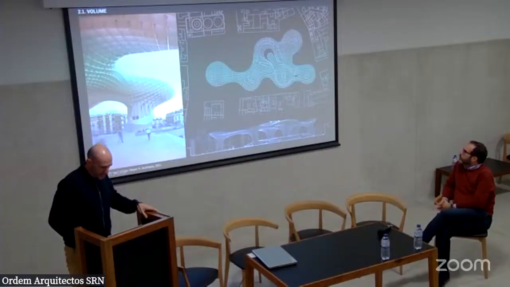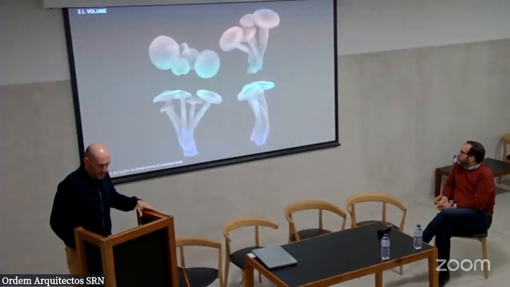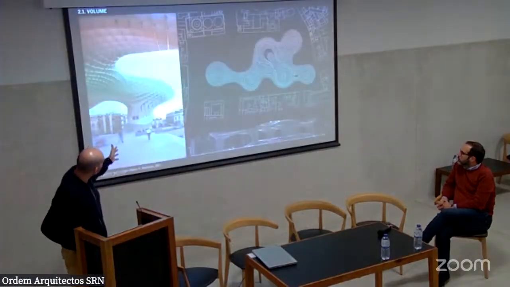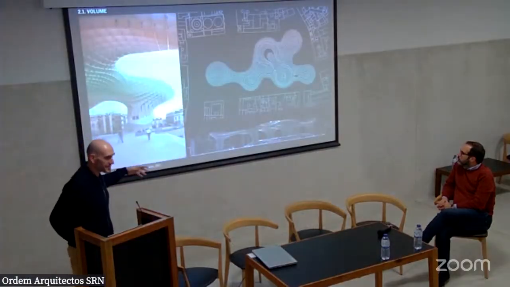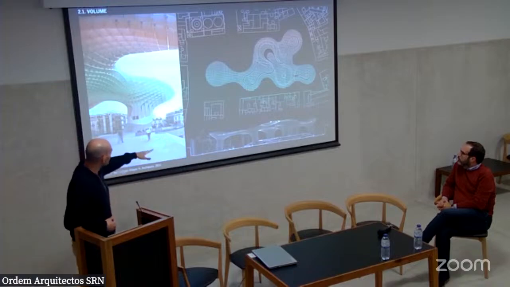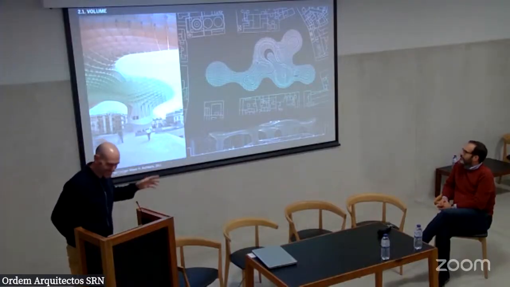by Jürgen Mayer. And using this idea of a waffle structure, we acquired a point cloud of a set of mushrooms, real mushrooms, because here we have an interpretation of mushrooms. In Spain they call this the mushrooms, las setas.